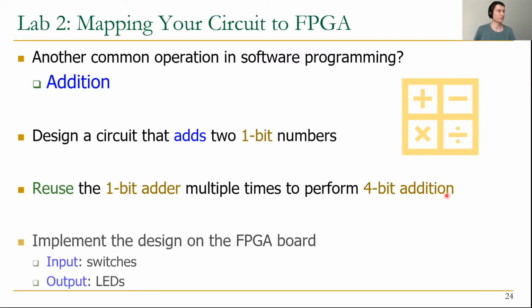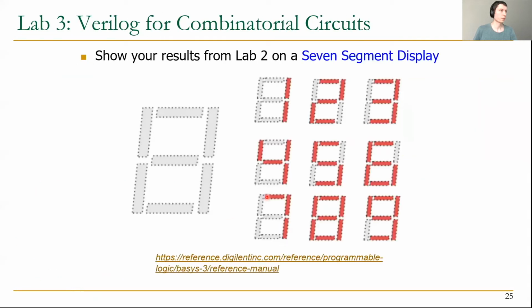This is where you will learn how to design your circuit in a modular way. As input, we will use the switches on the board that I showed you previously, and we will display the output on the LEDs.